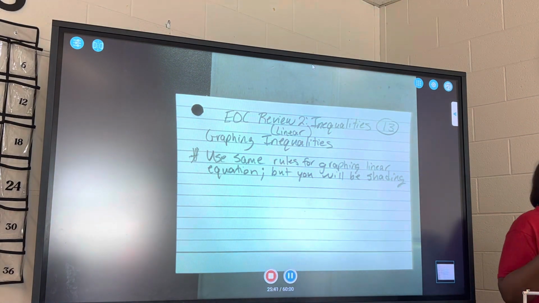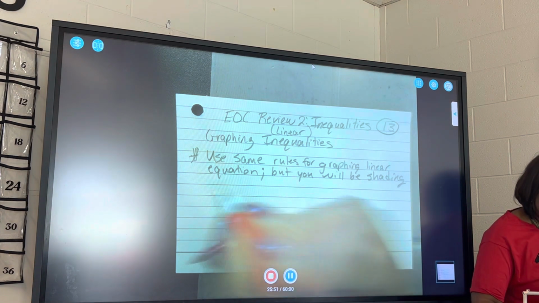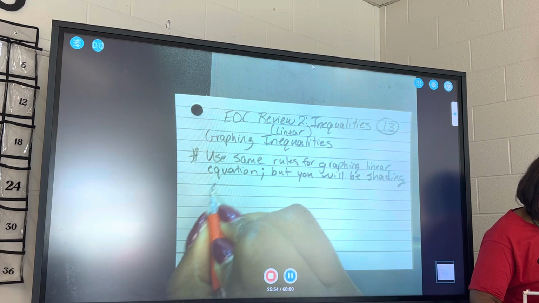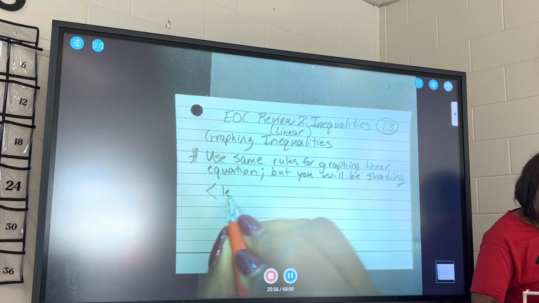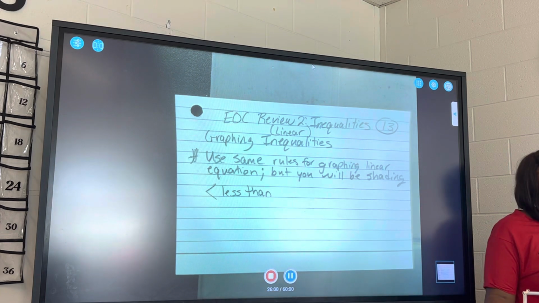So this is how the shading works. You're not gonna have an equal sign because it's an inequality. You're gonna have those inequality symbols that we wrote on the first card. The first thing we talked about was the less than sign. It looks like this. This is less than. So if instead of the equal sign you have a less than sign, you're gonna shade under the line.